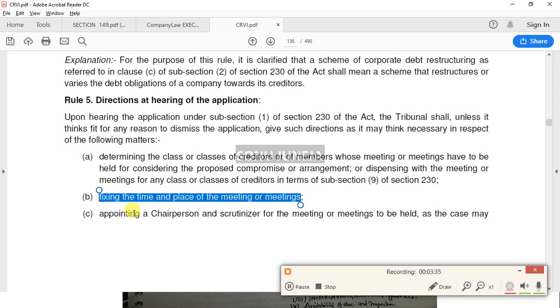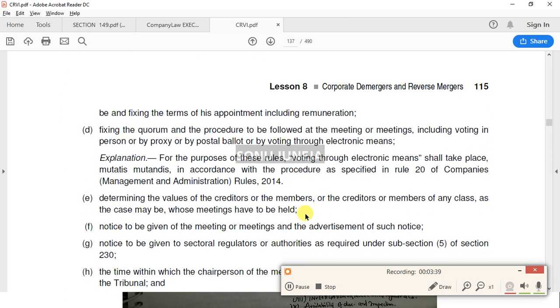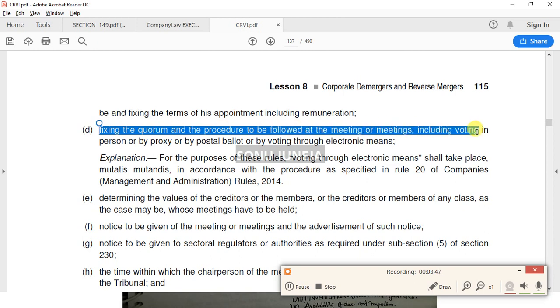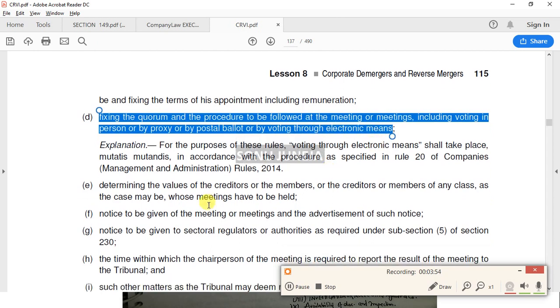Fixing the time and place, appointing the chairperson for the meeting or meetings to be held as the case may be. Fixing the term of the appointment including the remuneration. Fixing the quorum and procedure to be followed at the meeting or meetings, including the voting in person or by proxy or by postal ballot through electronic means.